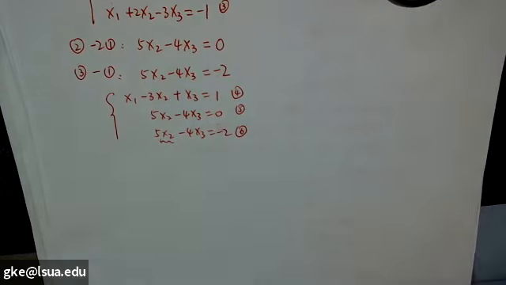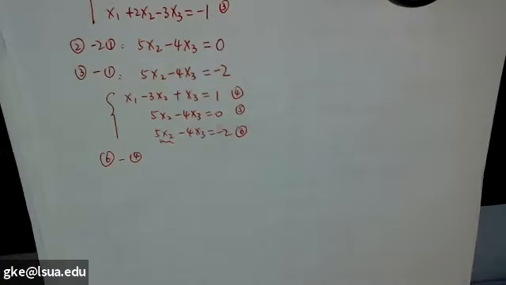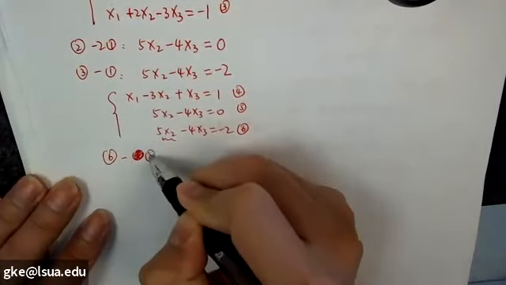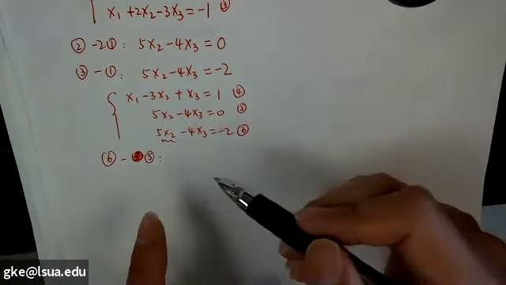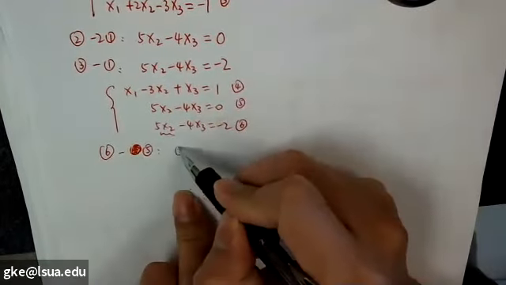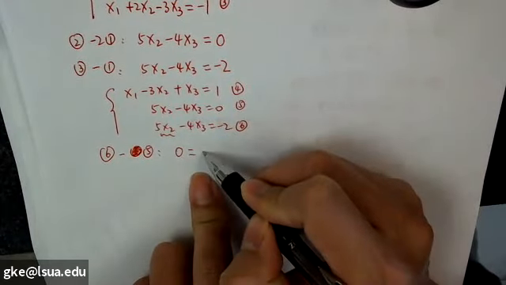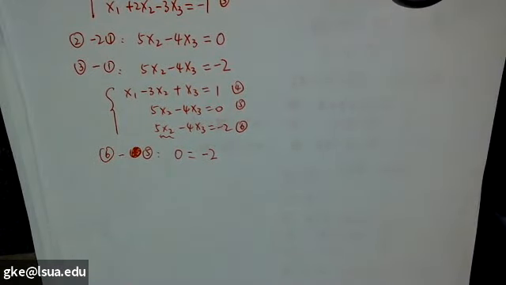What are we gonna do? Subtraction, 6 minus 5. What are we gonna get? 5x2 gonna be 0. Negative 4x3 gonna be 0. Negative 2 equals negative 2, huh? So 0 equals negative 2. That's impossible. That means what? No solution, right?